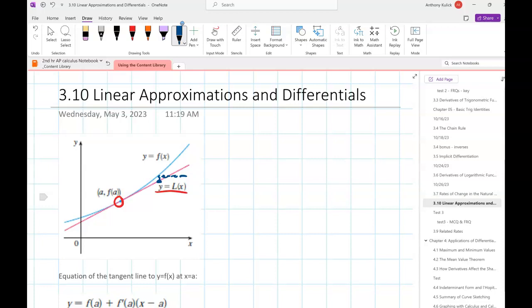And maybe we might ask to calculate some error afterwards, like how good was our approximation. Everybody okay with that? That's the overall idea. Don't let any of the symbols or the notation get you bogged down. At the end of the day, what we're doing is making a tangent line and plugging things into the tangent line.